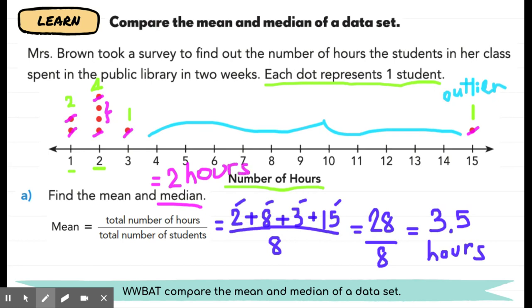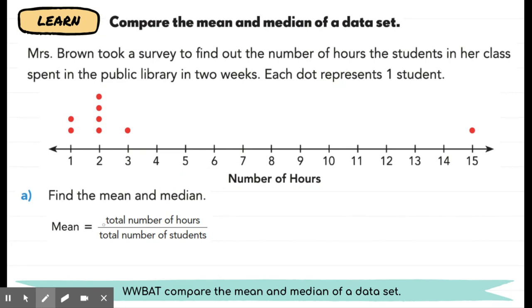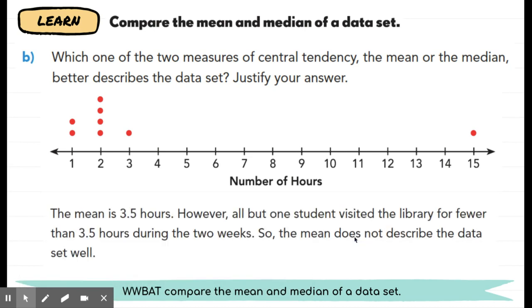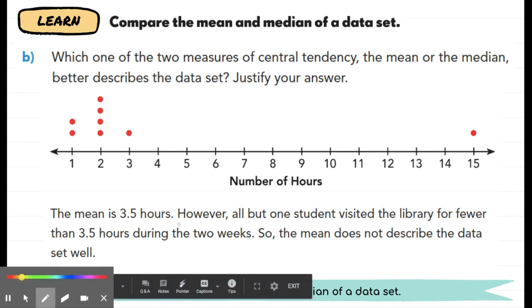So now we have 2 different values because the mean is 3.5 hours and the median is 2 hours. Now my question is, which one represents our data better? Well, if you have to justify your answer, I could say a few things. First, we know that the mean is 3.5 hours.